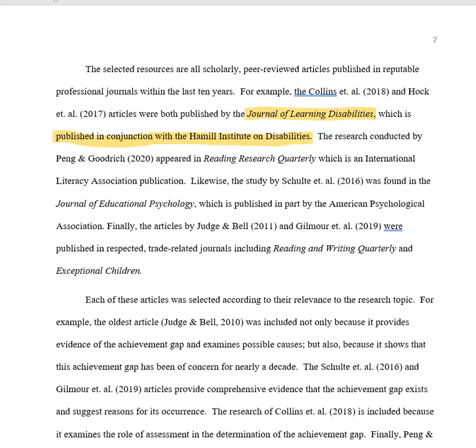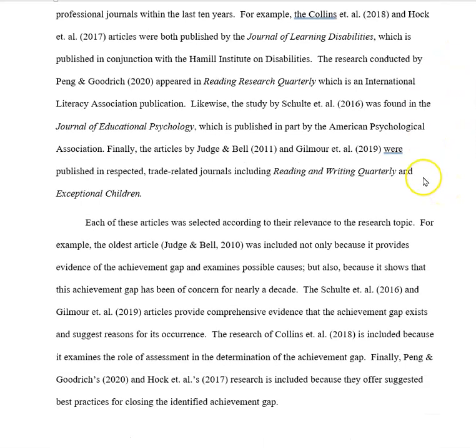Now that's what gives credibility, not the name of the journal, but that it was affiliated with the Hamill Institute on Disabilities. And then another one talked about the American Psychological Association and how important that was. And we all know that they are very good.